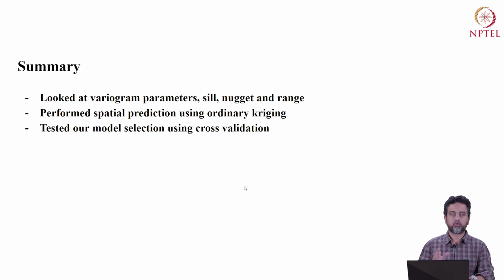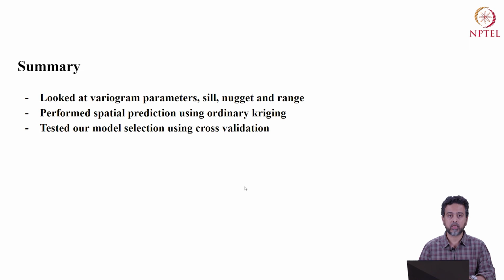So just to summarize what we've covered today, we looked at variogram parameters: sill, nugget, and range. And these are the parameters that parameterize or contain the shape of the variogram function.